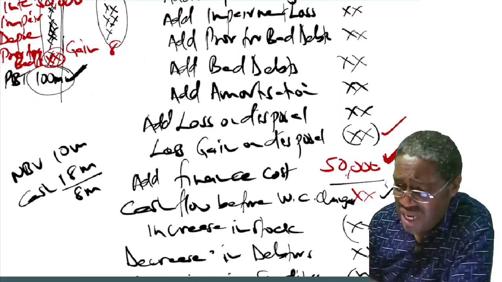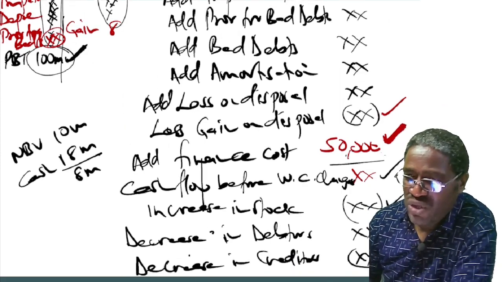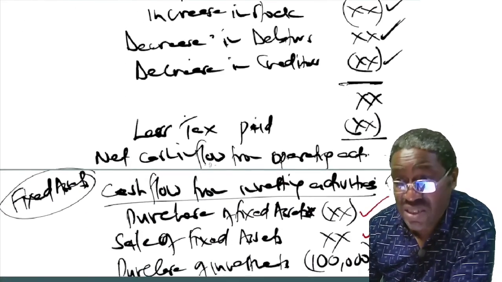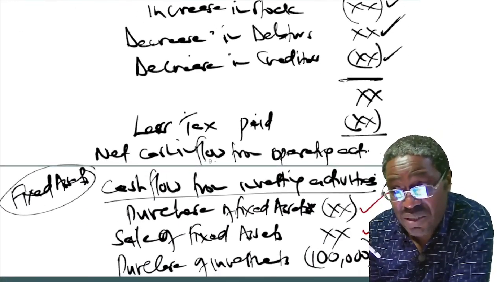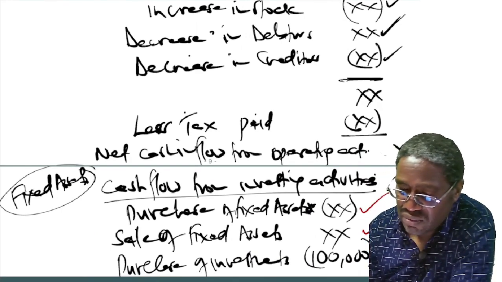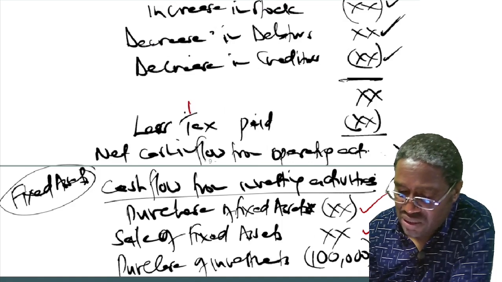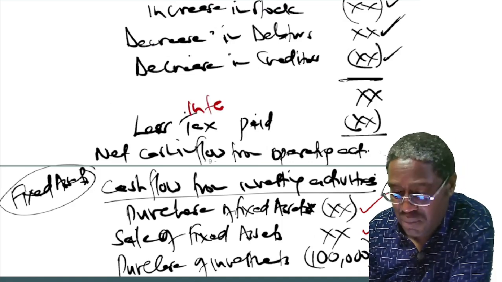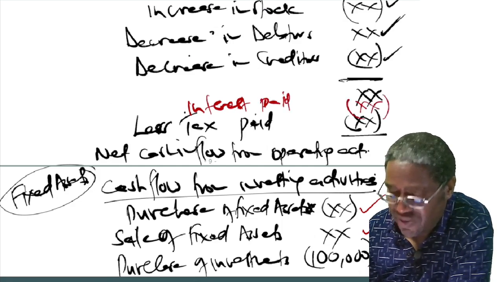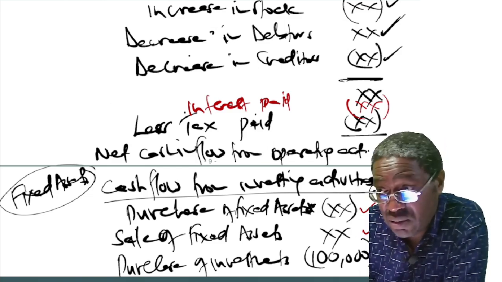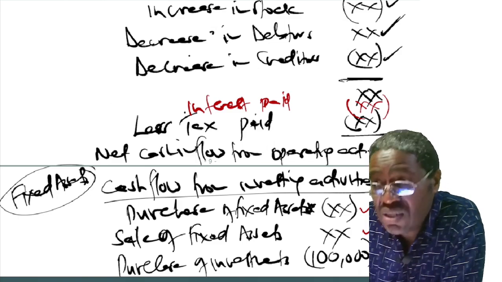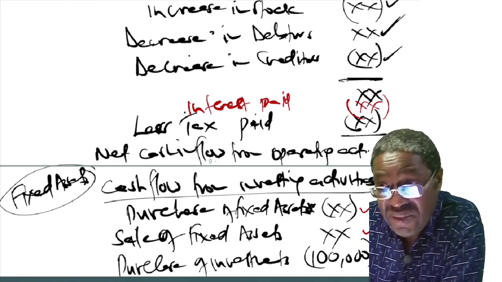If you decide you are going to consider it as part of your operating activities, the interest paid, not the finance cost, then you will bring it here. Among the tax paid there, you will have interest paid. If you treat it as operating, then it will work out after getting the working capital items, work out interest paid.